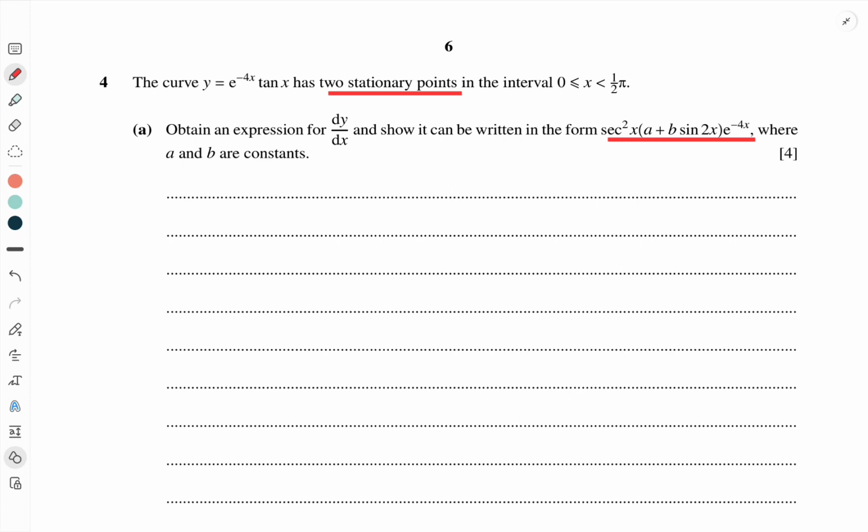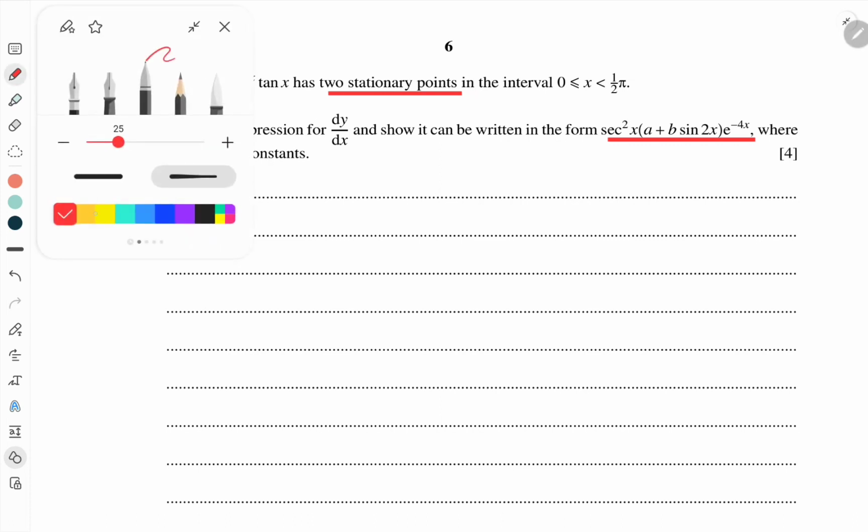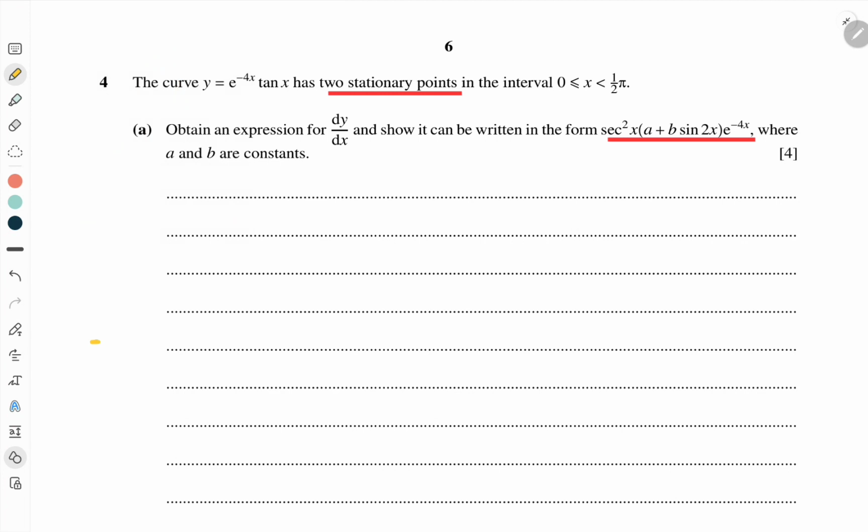All right, so now this thing that we are going to differentiate, we have to take note that this is a product. So now that it's a product, the derivative of a product is v times the derivative of u plus u times the derivative of v.